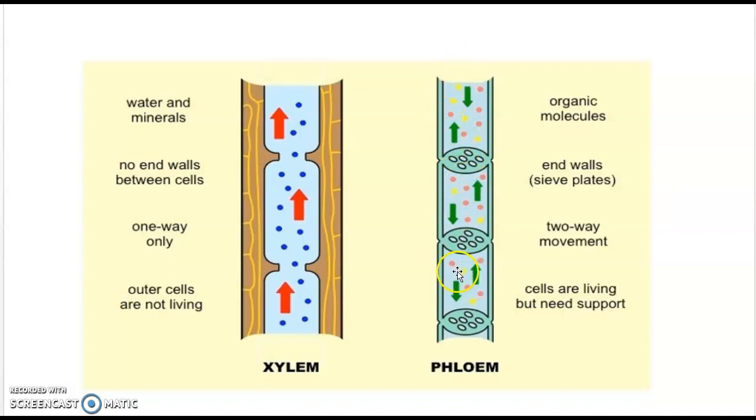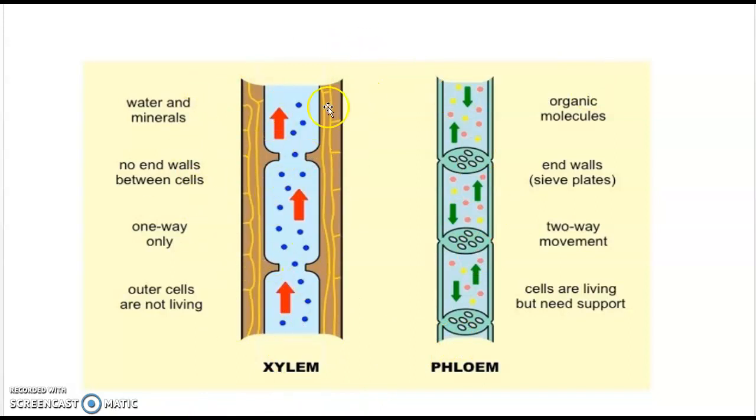in both directions. It is synthesized in the leaves and goes to other parts of the plant for storage as well as to the growing parts of the plant. So this is phloem and this is xylem, and how they conduct their material.